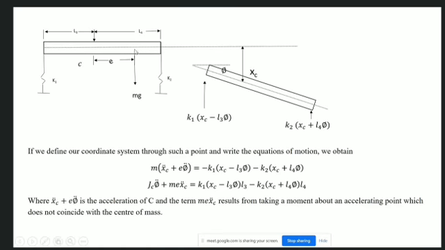Say if I get a rotation here, phi, then if I am interested in calculating the deflection here at point C, then the deflection will be xc plus e into phi. So the acceleration will be the double derivative of the same, x double dot c plus e into phi double dot, isn't it?